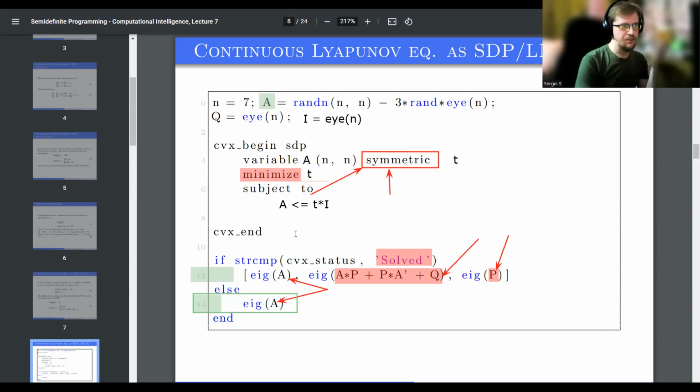If A is additionally positive semi-definite, for example, then the solution will probably be 0. I think. I don't know if this is legal here. I don't trust my intuition with SDPs. I think this is legal.